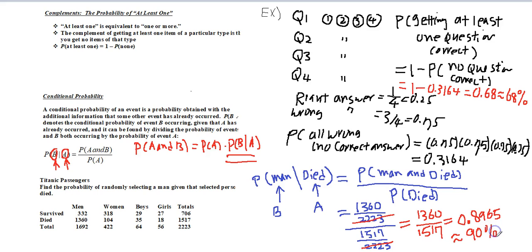So we're talking about around 90% probability. That makes sense, right? Because more men died in that accident than any other gender. So it is quite reasonable that when you go onto the deck and select one body bag and open it, chances are pretty good that you will see a man.